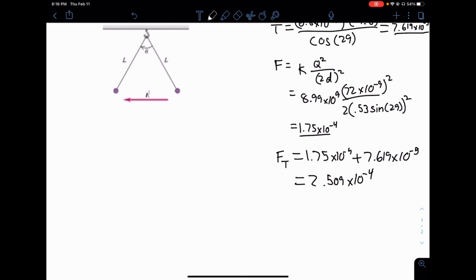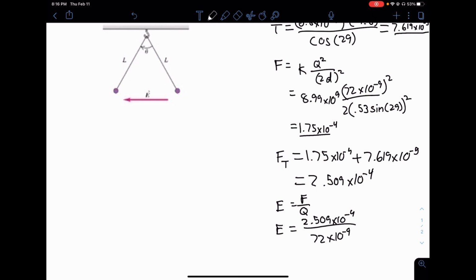We can now plug that into our force equals EQ equation. In this case, E, which is what we're solving for, is equal to force over Q. So E would be equal to 2.509 times 10 to the minus 4 over the charge, which is 72 times 10 to the minus 9.